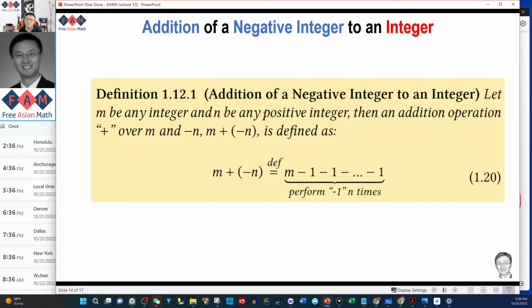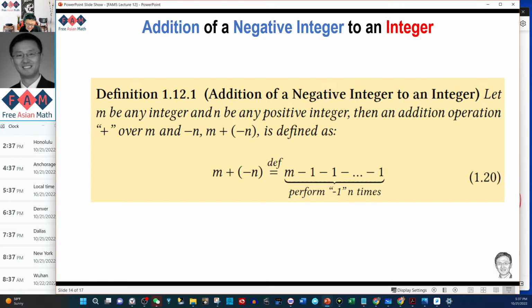But this definition gives us a nice continuity from what we have already defined. That is addition of a natural number. Now with this addition of a negative integer, because of this continuity, the two can be unified. There's no abrupt jump or change. The whole thing is seamlessly smooth. It's consistent. It's coherent.